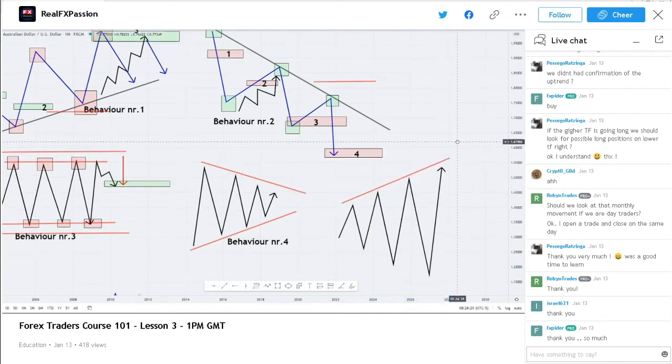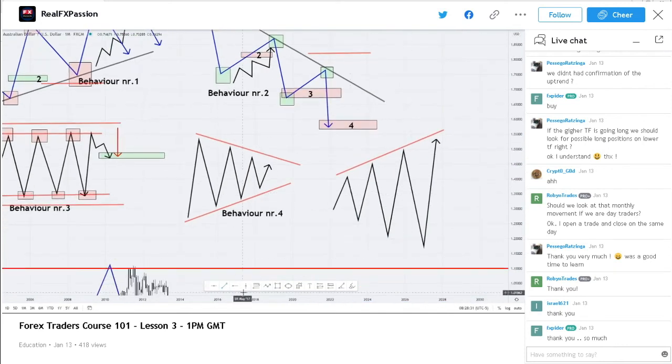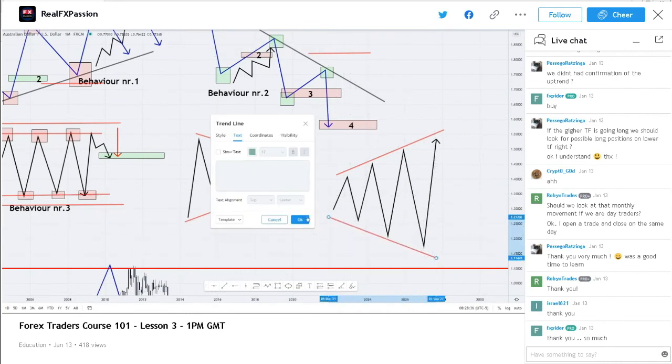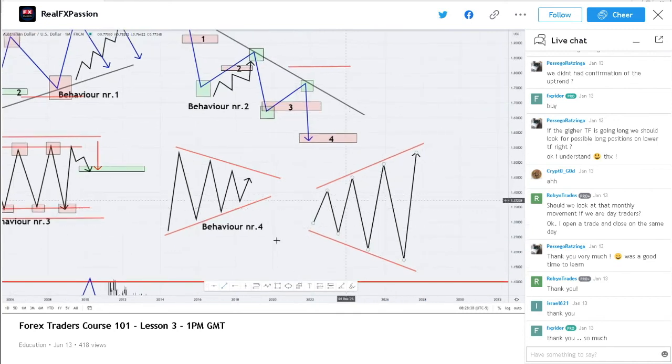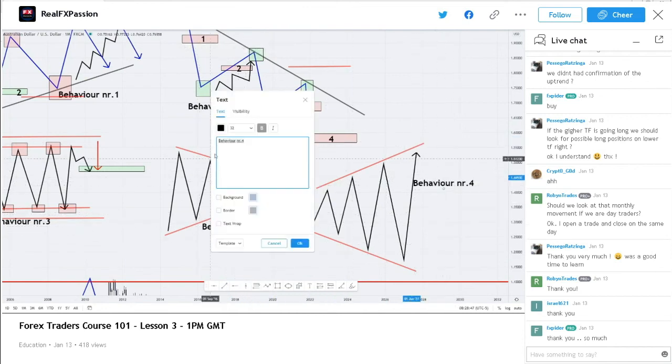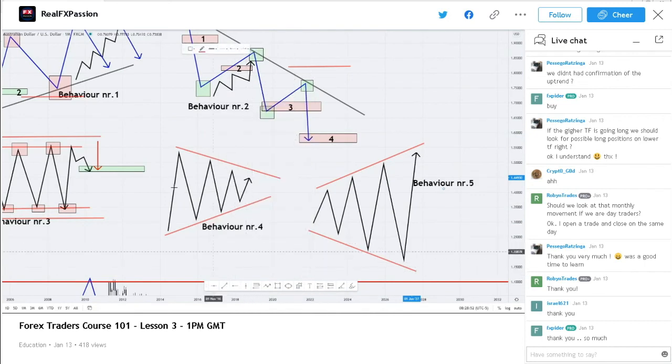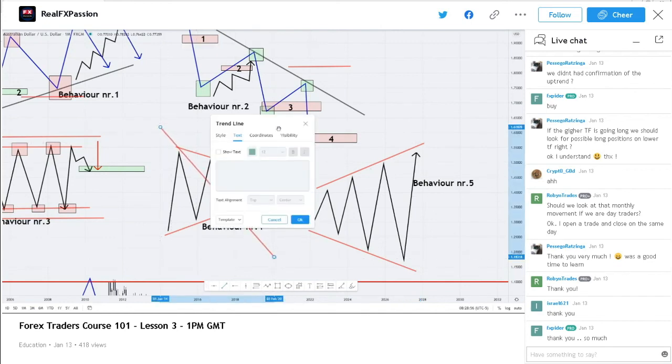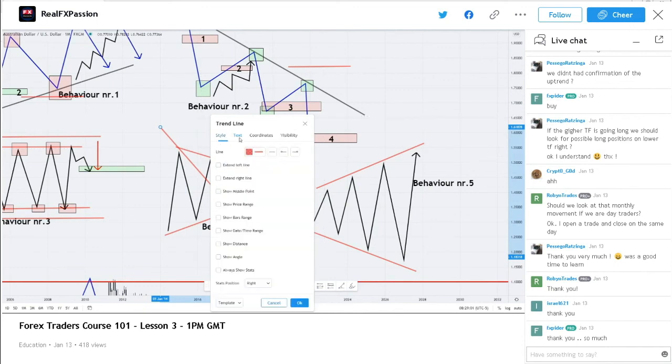There are just a few skilled traders all around the world who are able to trade this behavior number 5. I am not one of them, and I'm going to explain why. There is a logic behind this. So for the beginner trader, don't trade this one. Oh, I'm going to trade it. Yes, you can do whatever you want, it's not a problem.